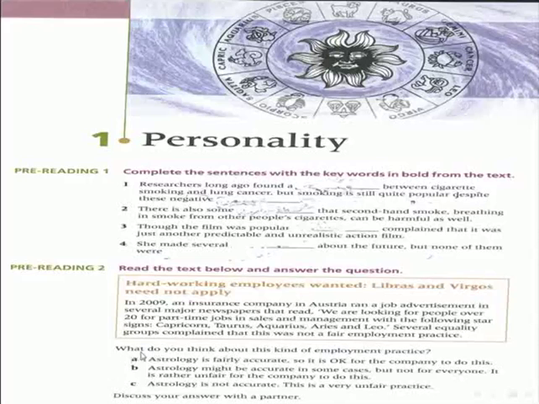Okay, the question now. Just a moment. Okay, let's read the question here. What do you think about this kind of employment practice? Right? Now, your idea, your opinion about this kind of employment practice, right?